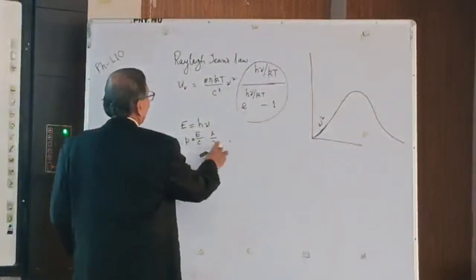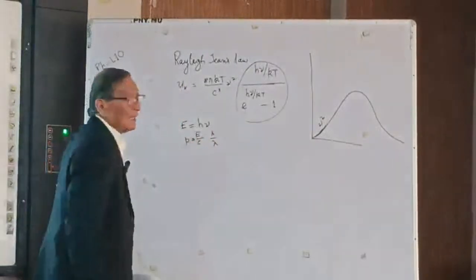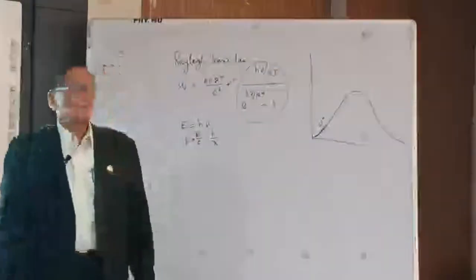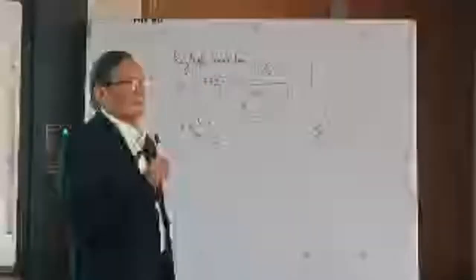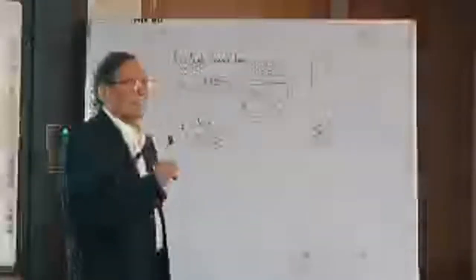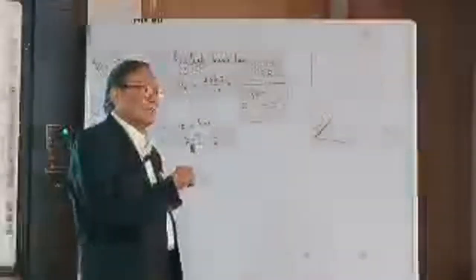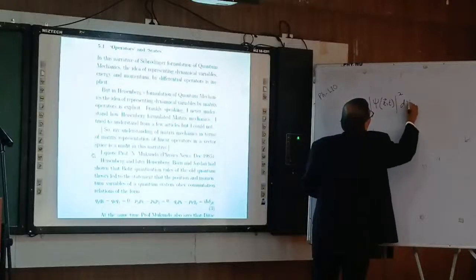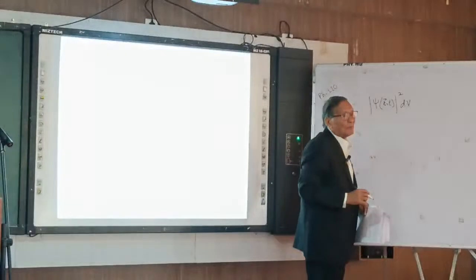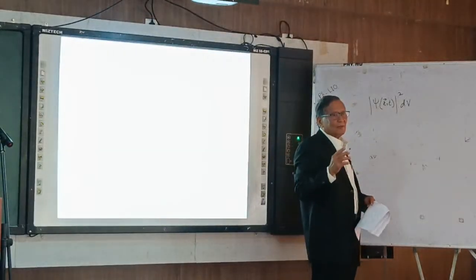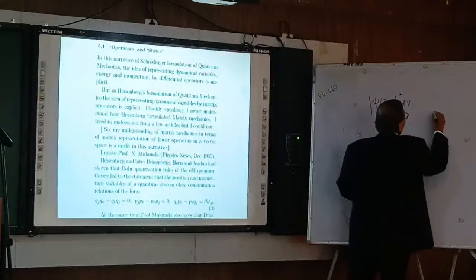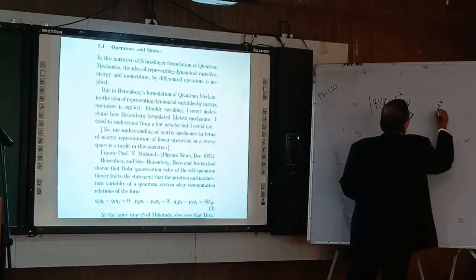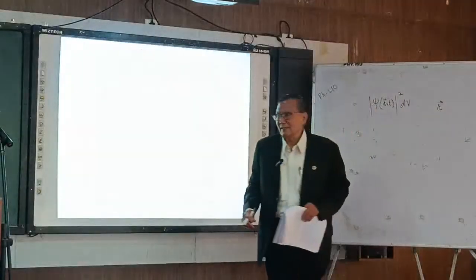This is the famous connection between the wavelength and the momentum, which we shall come to later also. So the process takes place. This is the probability of finding the particle, locating the particle, at the position R within the volume element dV at R.